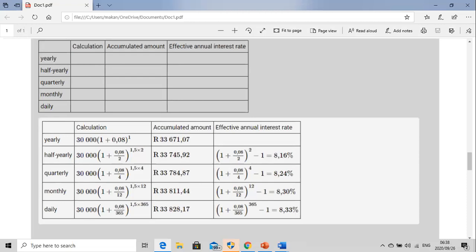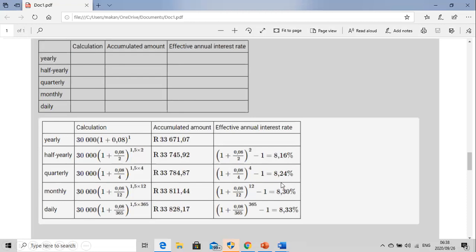So it will be 1.5 multiplied by 12. And in the same note, you will be able to calculate the effective interest rate, which is now on an annual basis. And in this case, it will be 8.3%.